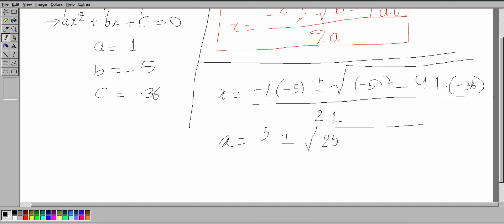Now 4 times 36, first let's multiply the sign. Minus times minus is plus. So how much is 4 times 36? You can use your calculator to get that number correctly. 36 times 4 is 144.